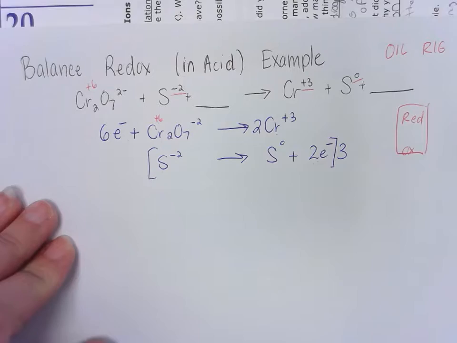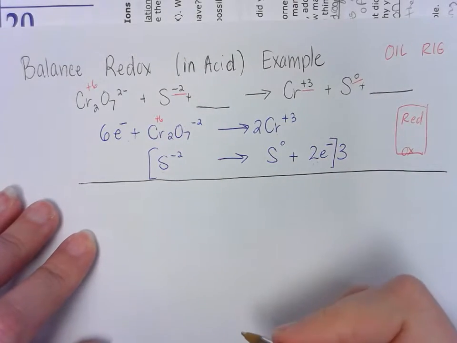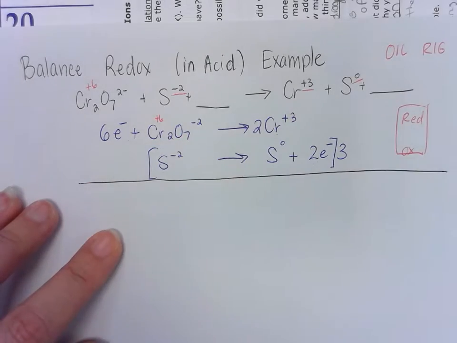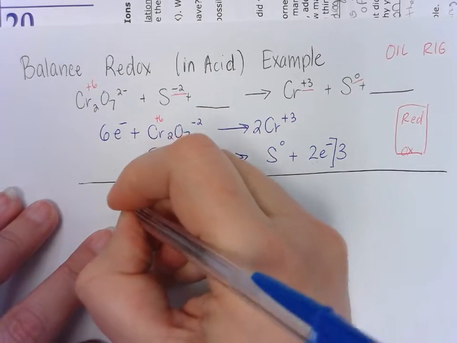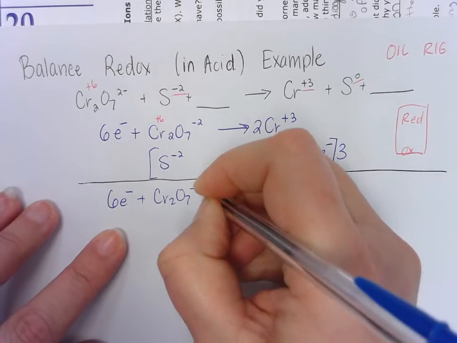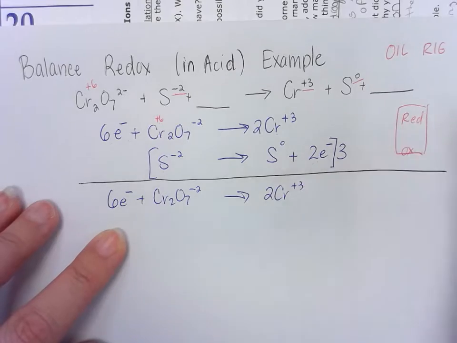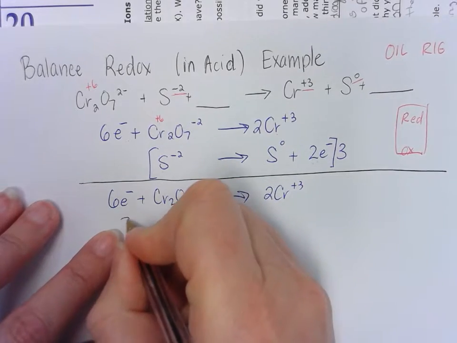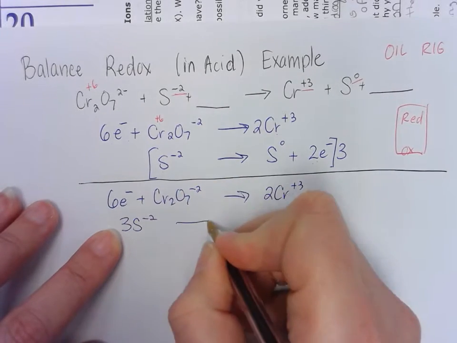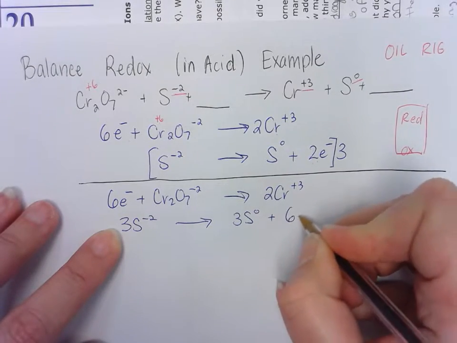What I like to do to help organize my thoughts is rewrite both half reactions with those changes applied, so I can follow my work a little bit easier. So 3 S -2 makes 3 S 0 and 6 electrons.